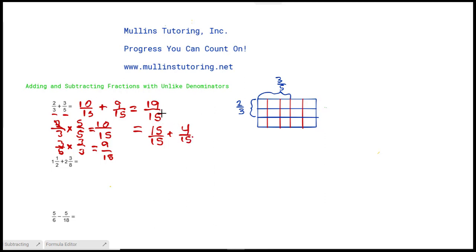So all I did was I broke this into two fractions. 15/15 is the same as 1 plus 4/15, and that's going to equal 1 and 4/15.